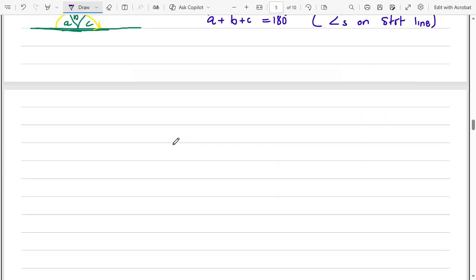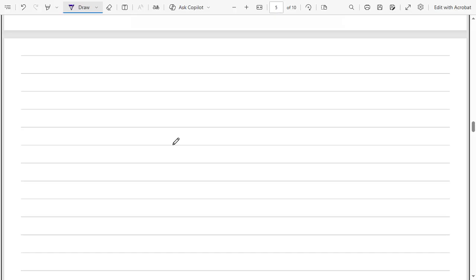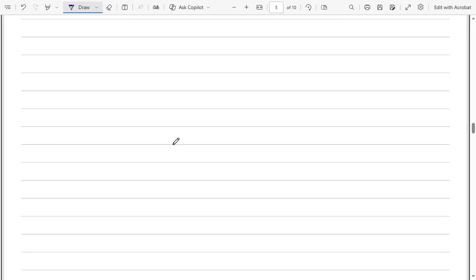Another one has to do with vertical opposite angles are equal. Ne? Yeah. So if this is A, this is B, and then C, D. This angle will be equal to that angle, and this angle will be equal to that angle.